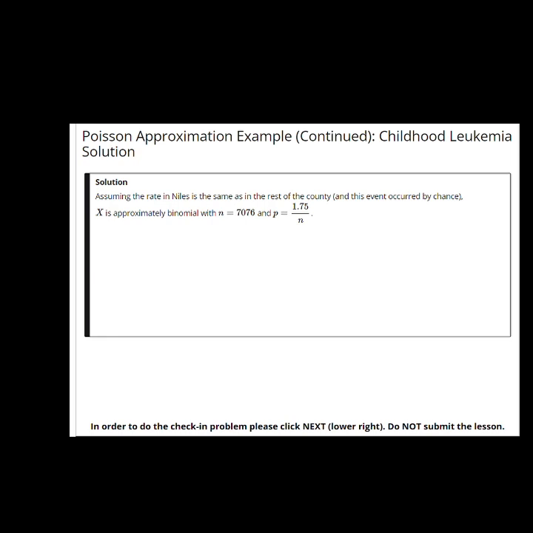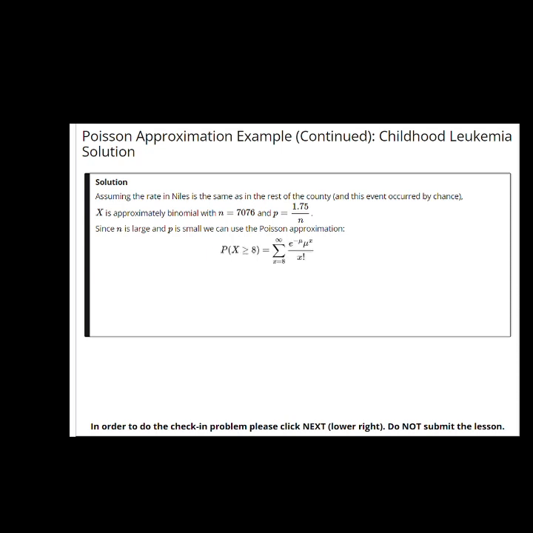The solution. Well, to begin with, we assume the rate in Niles is the same as the rest of the county. Indeed, we're essentially approximating a binomial random variable in which the number of trials is 7,076, and the probability of leukemia is p equals 1.75 divided by n. Here n is large, p is small, and so it's an appropriate problem in which to use the Poisson approximation to the binomial.